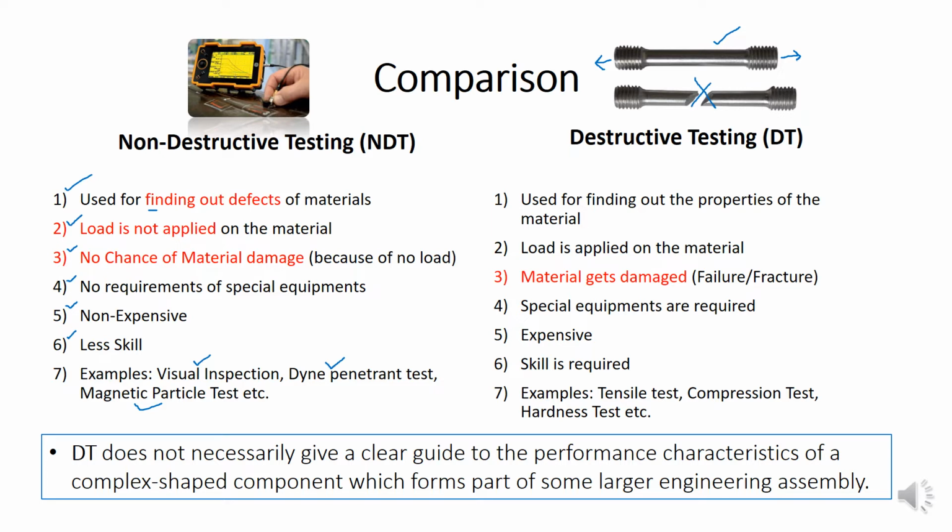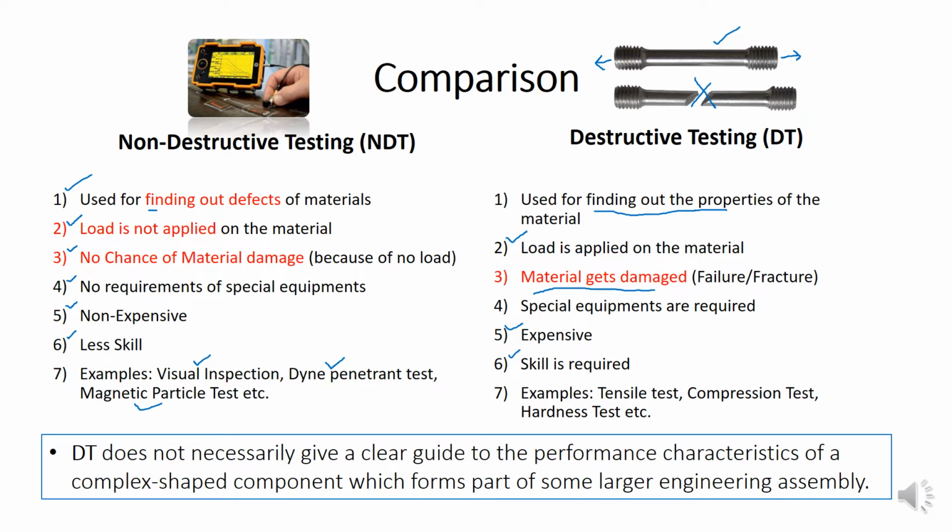For destructive testing, some specific points are that it is used to find out the properties of the material. Load is applied, the material gets damaged, and very special equipment is required. We will discuss in the coming slides what those special equipments are. It is an expensive technique and skill is required.